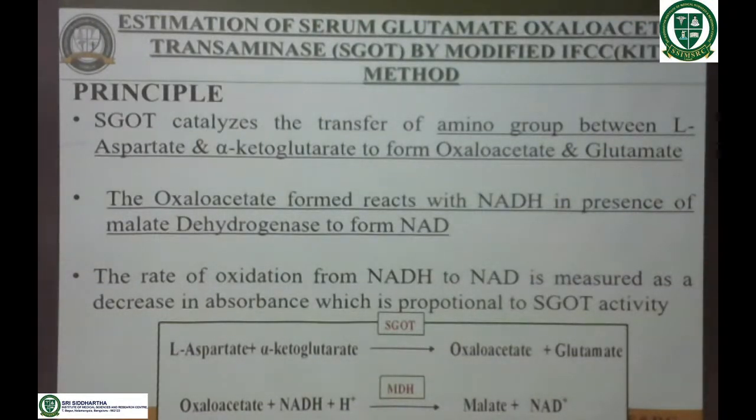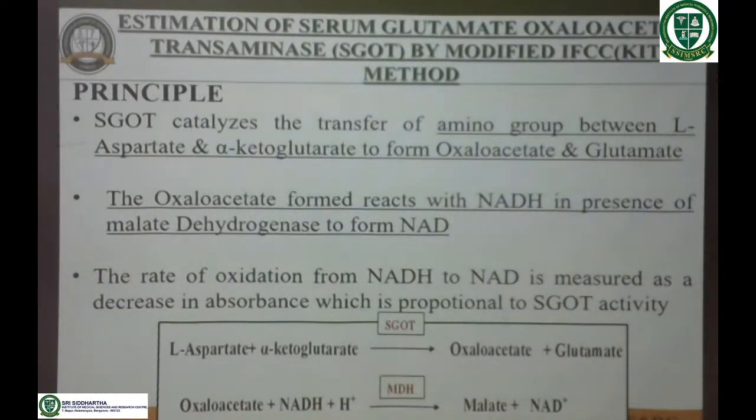Further, the oxaloacetate reacts with the NADH molecule in the presence of the enzyme MDH, that is malate dehydrogenase, forming NAD. The rate of oxidation of NADH to NAD measures the SGOT activity.